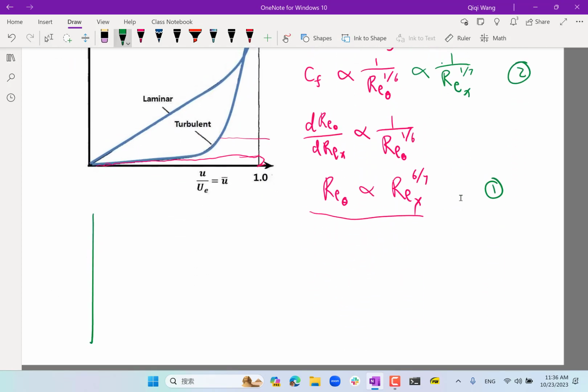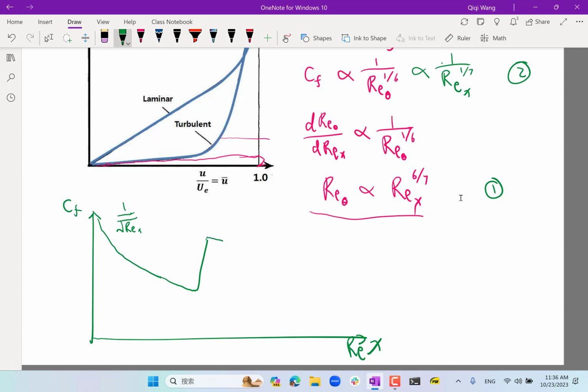So normally when you see a skin friction coefficient versus x for a boundary layer that is first laminar and then turbulent, what you see is that initially you have this 1 over square root of Rex behavior, and then at some point you have flow transition.